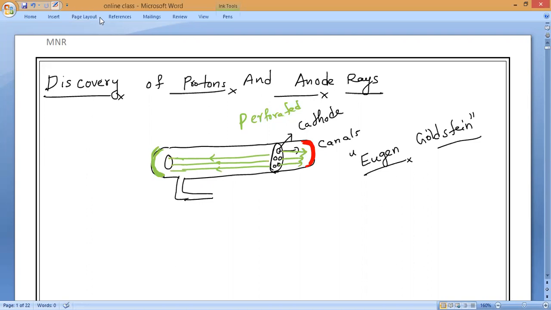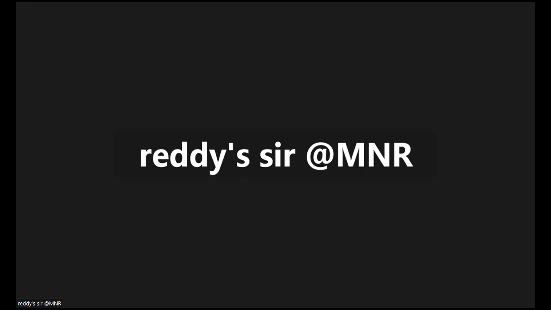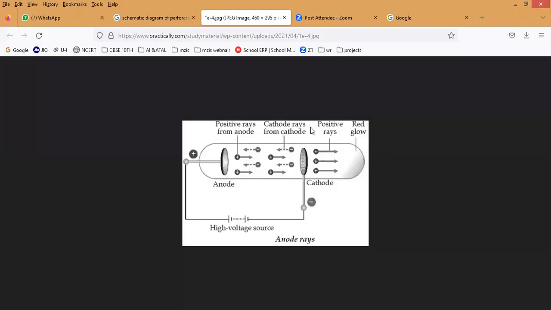Now let us observe this schematic diagram very clearly so that it is easy to understand. This is the schematic diagram of the perforated cathode and the production of anode rays.